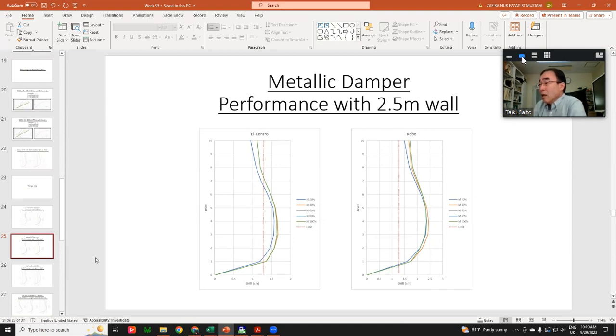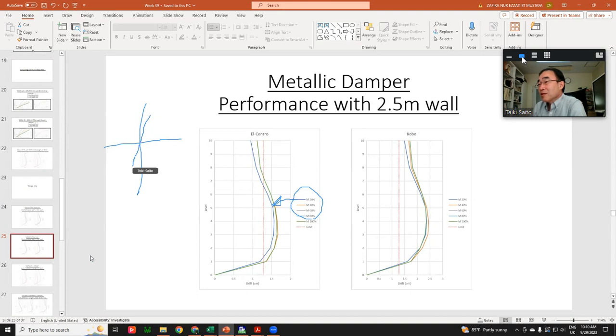I think the reason there is not so big a difference between these lines is because the response is almost in the elastic range.